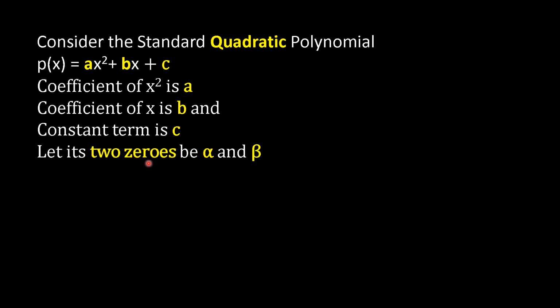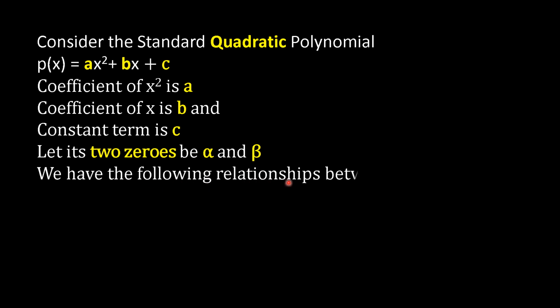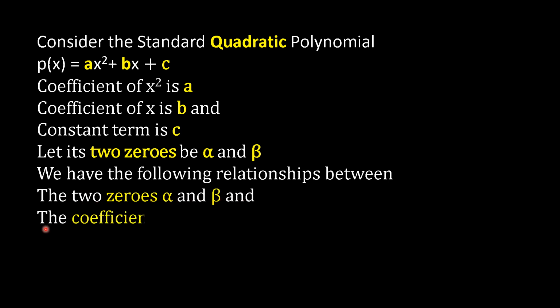Let its two zeros be alpha and beta. We have the following relationships between the two zeros alpha and beta and the coefficients a, b and c of this polynomial.